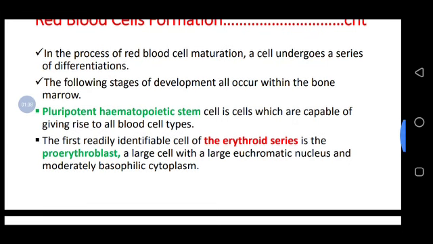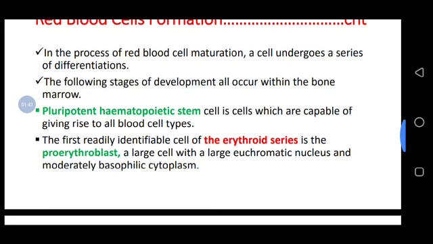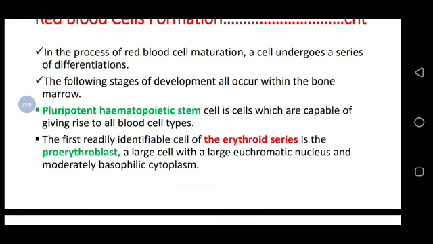So the first readily identifiable cell is the erythroid series. Erythroid cells are where there is now a production of erythrocytes. That's why I call them erythroid cells. It is the pro-erythroblast.